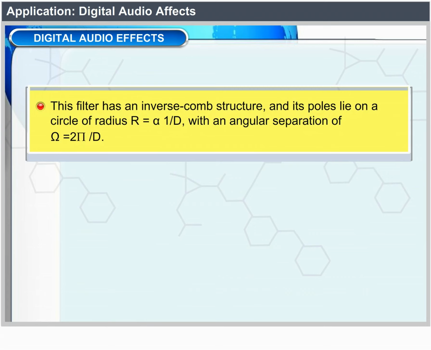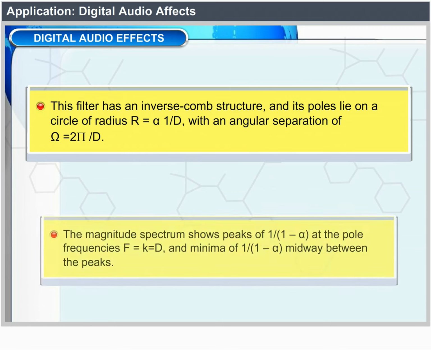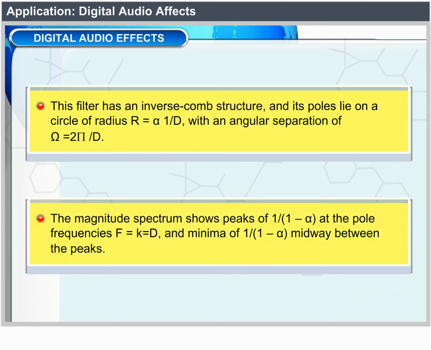This filter has an inverse comb structure and its poles lie on a circle of radius r = alpha^(1/d) with an angular separation of omega = 2 pi / d. The magnitude spectrum shows peaks of 1 / (1 - alpha) at the pole frequencies F = k / d and minima of 1 / (1 + alpha) midway between the peaks.